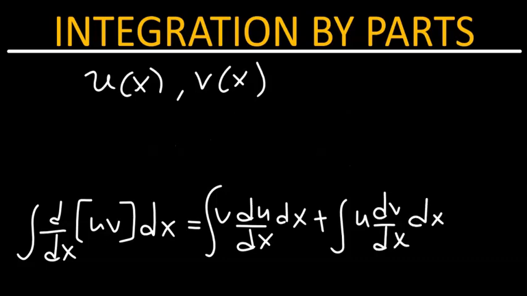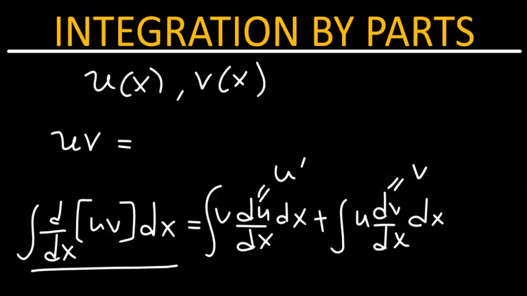The term on the left hand side is simple. You are integrating a derivative, so the answer is just u times v. Now let's look at the first term on the right hand side. I'm going to write du/dx as u prime and dv/dx as v prime. That is just a shorthand to denote the derivative with respect to x of these functions.